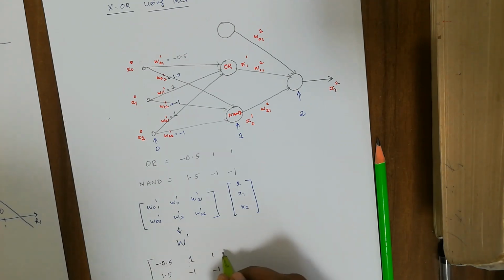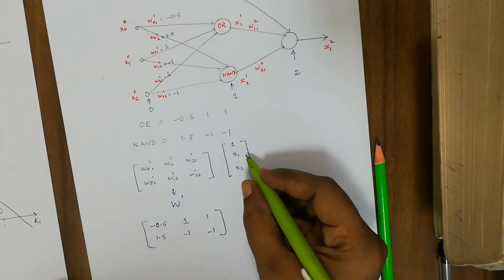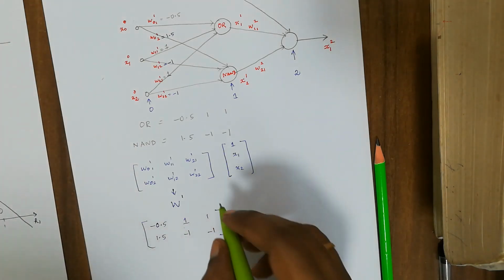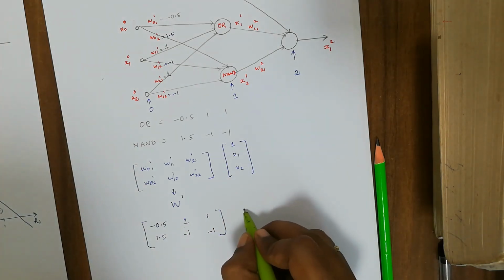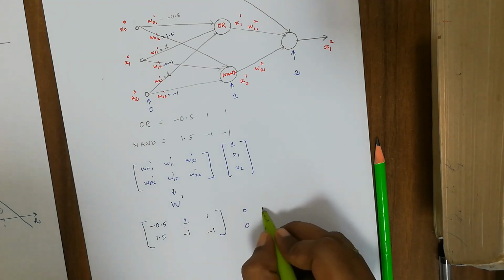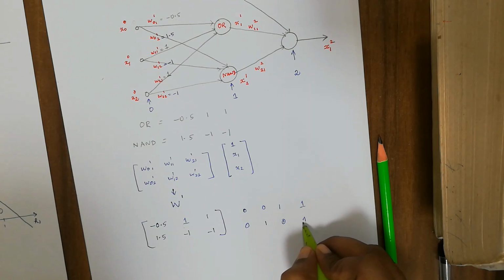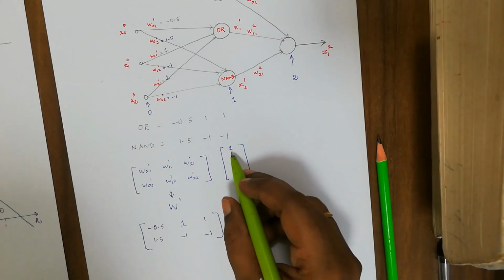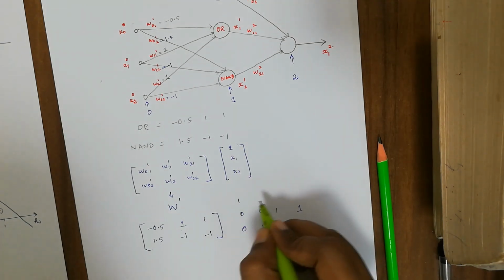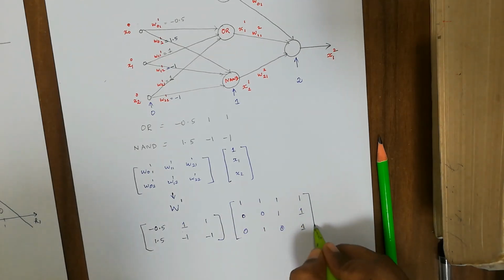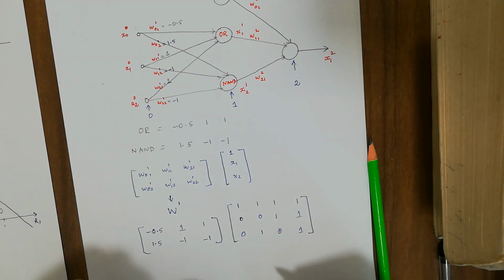This is in the matrix form, along with x1, x2. Now there are 4 possible patterns. So let me write the possible values: 0, 0, 0, 1, and then 1, 0, and then 1, 1, as before. But it has to be appended with the value 1. So I will simply append the value at the above.